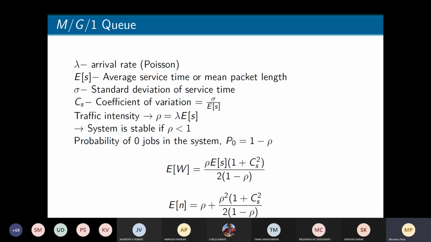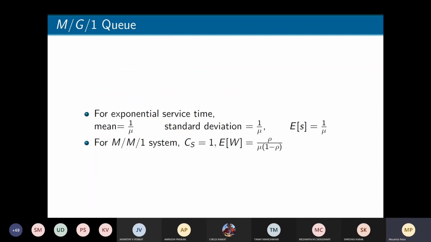Or if you use exponential distribution for the service time, you will get the same EW for MM1, as we have already analyzed. So this is for MG1 queues.